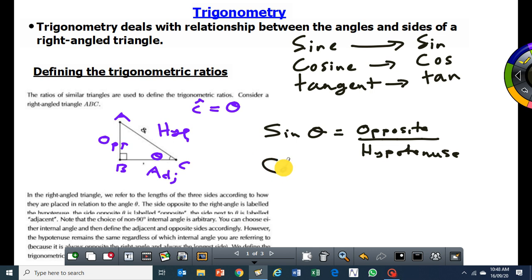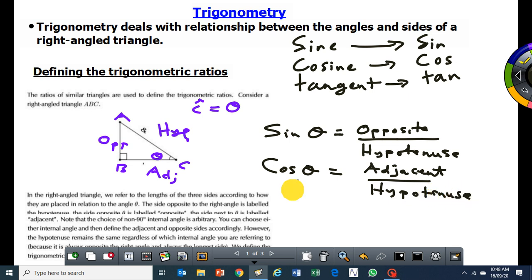And then we have cosine of theta, which is equal to the adjacent side divided by the hypotenuse. And then we have tan theta, which is equal to the opposite side divided by the adjacent side.